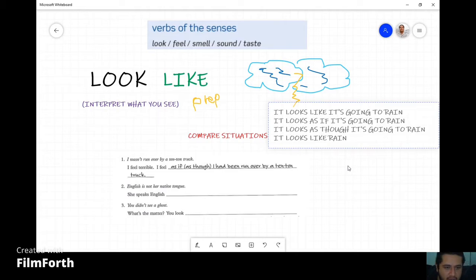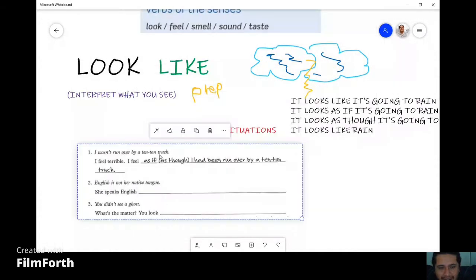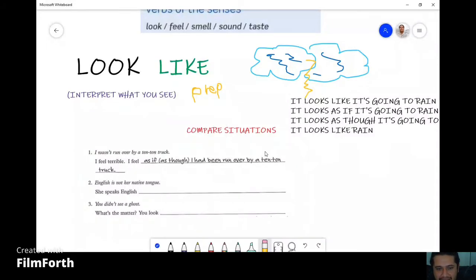In the first one, it says, I feel as though I had been run over by a 10-ton truck. So with this comparison, as if I had been run over by a 10-ton truck.